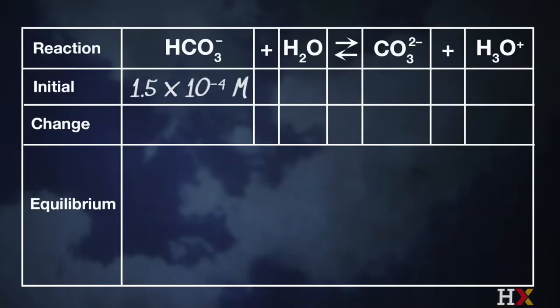We know that the initial concentration of the bicarb anion is 1.5 times 10 to the minus 4 molar. We just solved for that from the first dissociation.